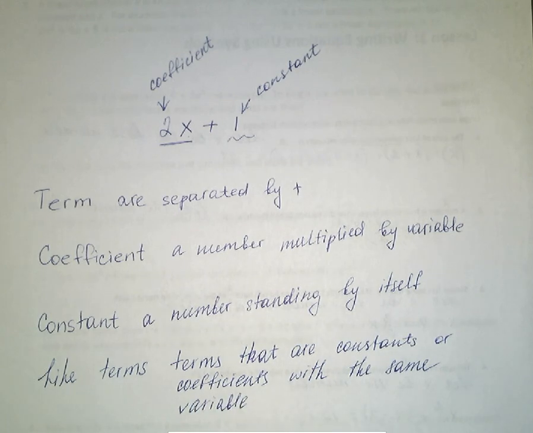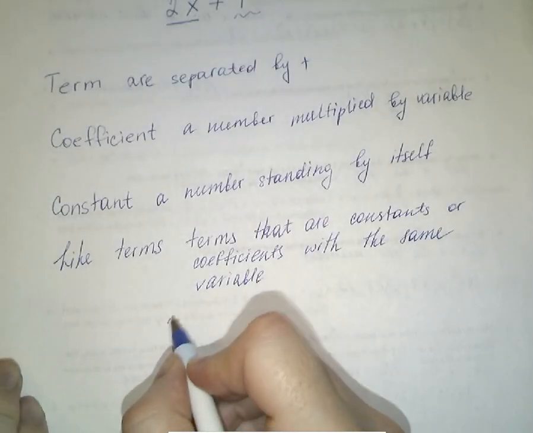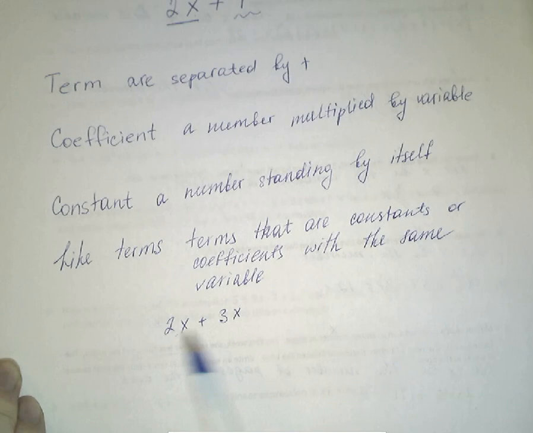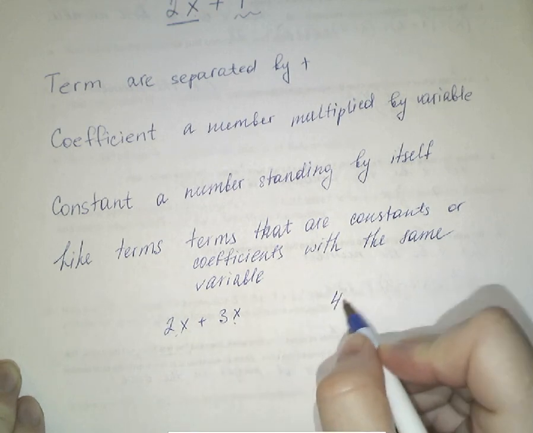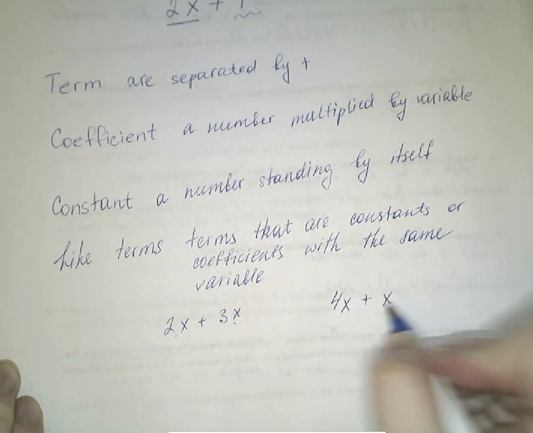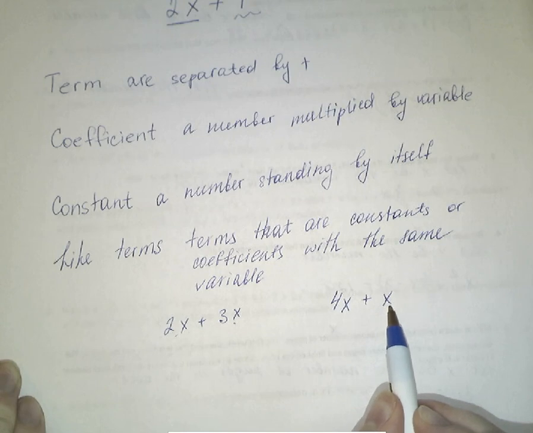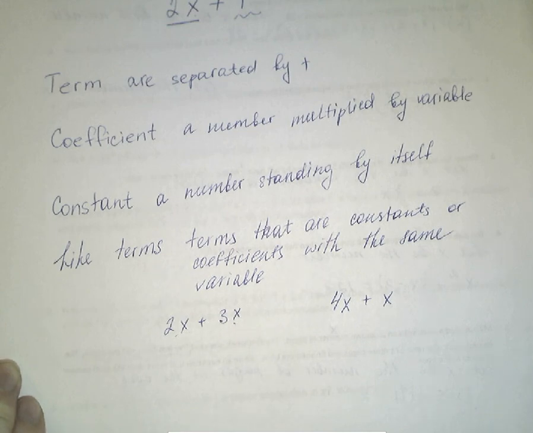For example, if I had 2x plus 3x, you would have two like terms. And these terms we can combine, because I have 2x and 3x; together it makes 5x, right? If I had 4x plus x, the coefficient of this x is 1. This is 1x, and 4x plus 1x makes 5x, right? So I can combine them.